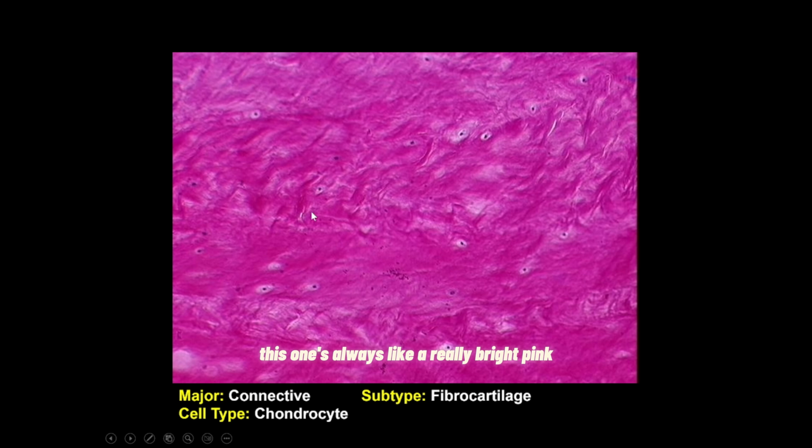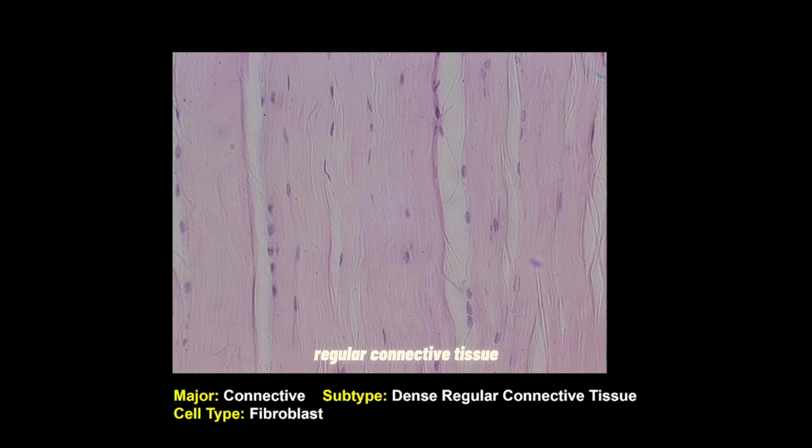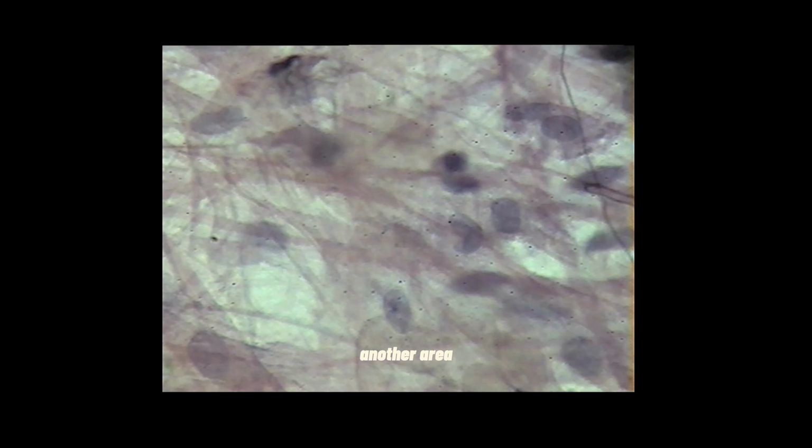This one's always like a really bright pink. There's really no other easy way to explain this one. It's kind of just all that dark pink color. And then this one is going to be dense regular connective tissue. Another areolar connective tissue.